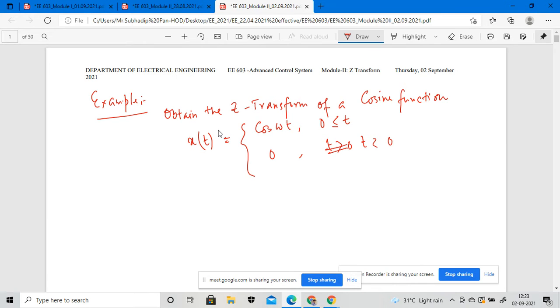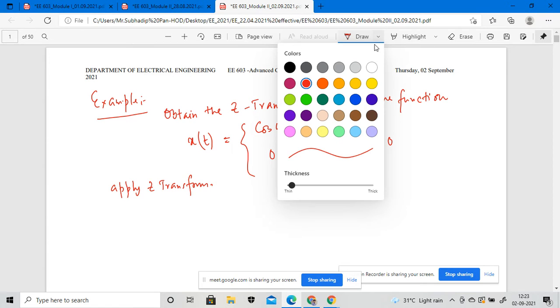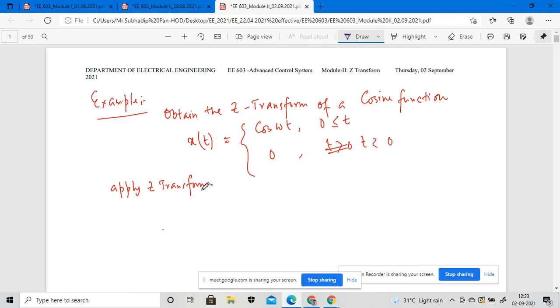So if we proceed in a similar manner as we discussed previously, and apply the Z transformation of a cosine function, then what actually happens? Okay, so if I am applying the Z transformation, we have to apply the Z transform like this.